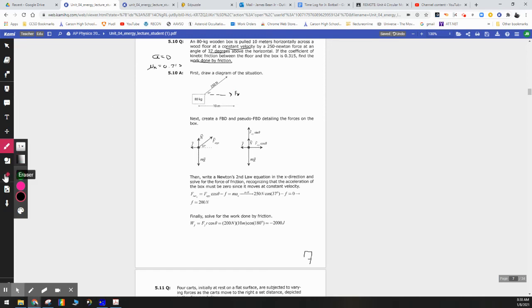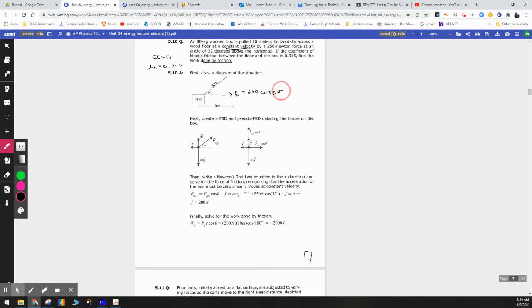Let me go ahead and erase this real quick here. Okay, so Fx, the parallel component, is going to be 250 cosine of 37 degrees.